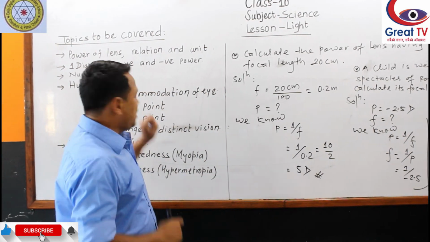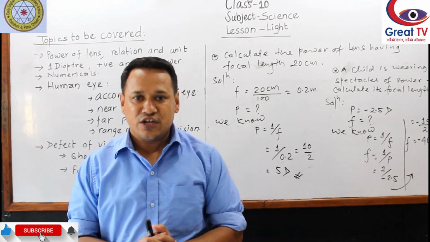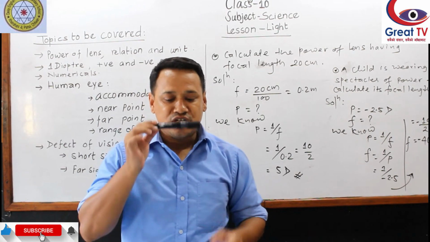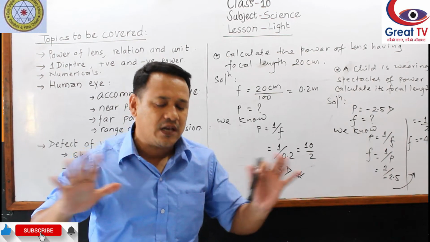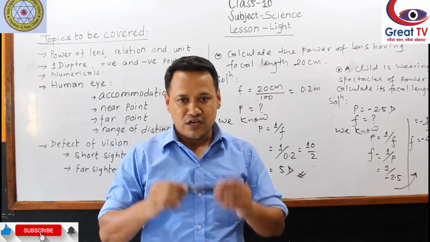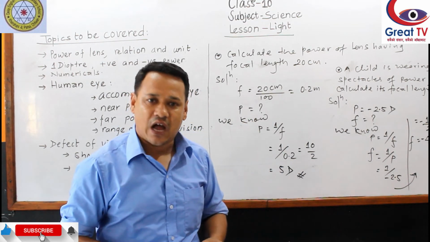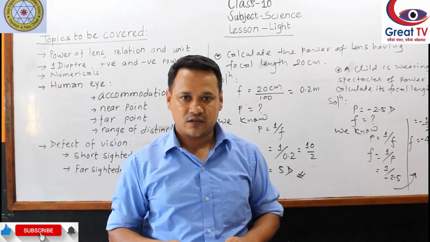So, near point. What is near point? Near point means the nearest distance from the eye up to which we can see clearly without any strain.